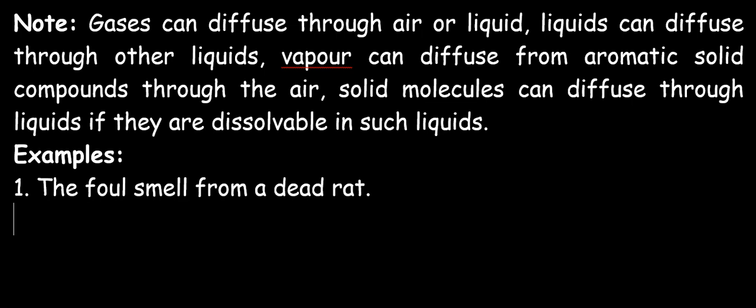The smell perceived from a dead rat is made possible by the process of diffusion. It moves from the region of higher concentration, which is where the rat died, to other regions of lower concentration around the room. And after some time, equilibrium will be reached. That is the process of uniformity of concentration gradient.